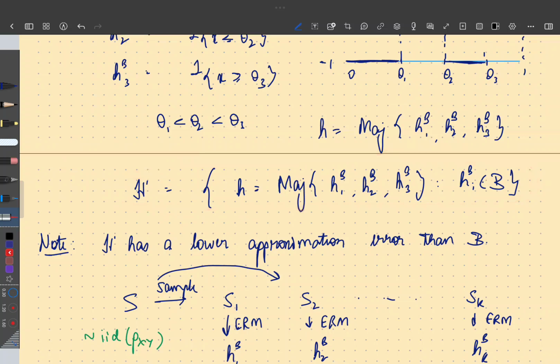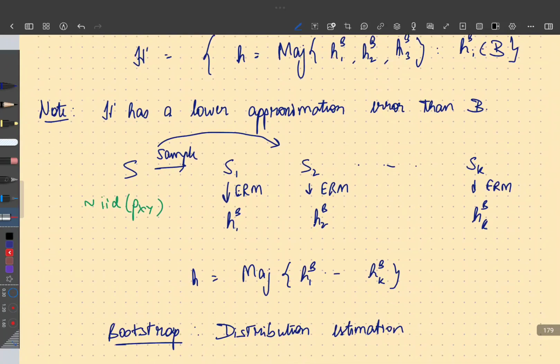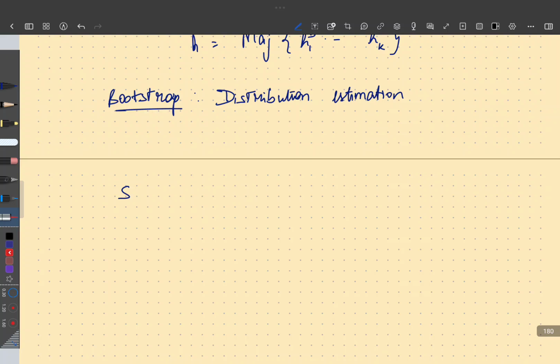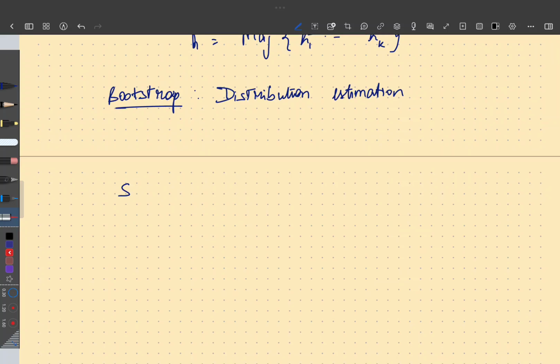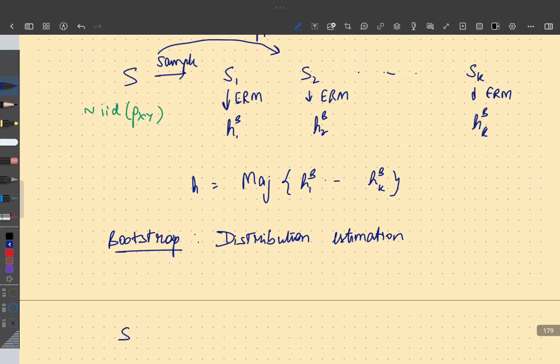And now through the process of bagging, boosting or whatever, you find out what is the bound on the generalization error. All right. So those are rather successful in giving reasonably good predictions. So this is a scenario where the traditional VC dimension, Rademacher complexity approaches fail. All right. So coming back to bagging to boosting.